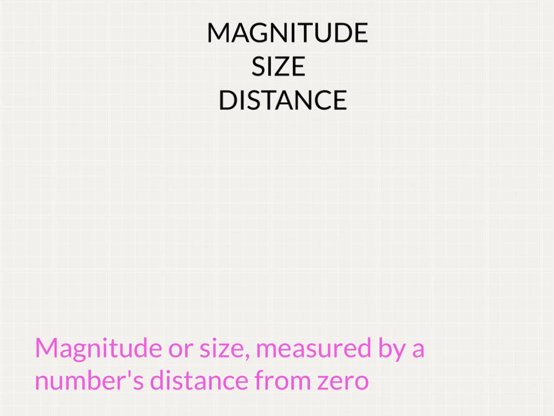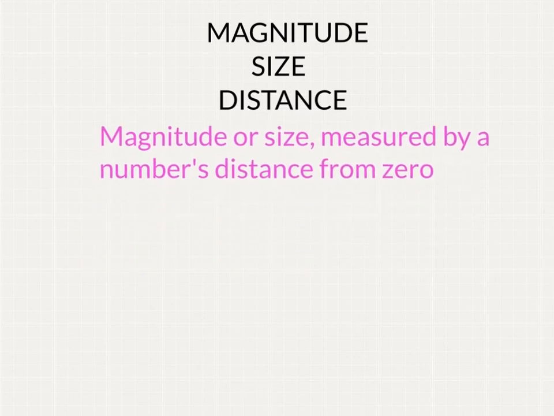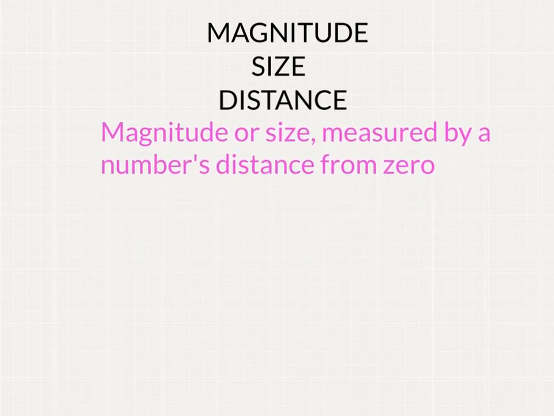So, we know that absolute value is the magnitude or size of a number measured by its distance from 0. We also know that the symbol used for a request of absolute value is 2 vertical bars.